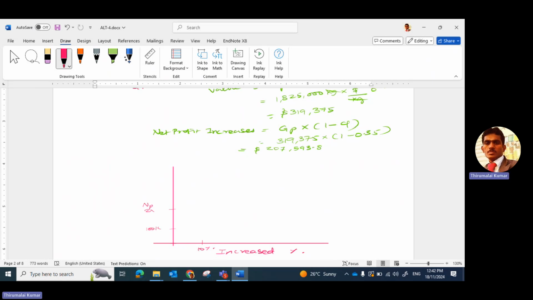Here I can put 100,000, 200,000, 300,000, 400,000. So net profit value is always in dollars, and the increased value is in percentage. So at 10%, we got approximately 207. Like that you could try for 20%, could try for 30%. At the end, you could come to a conclusion about the relationship between the percentage increment and the net profit.